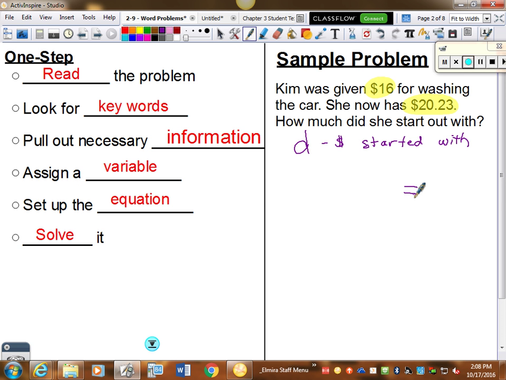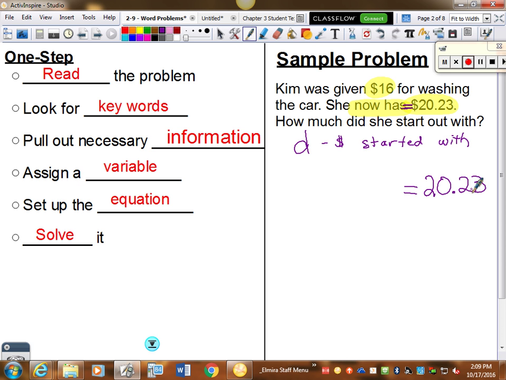So the next easy information and keywords that I could be looking for is to find the number that I could put after the equal sign. Those are numbers that are like the result or what they have now or something like that. So in this question, she now has $20.23. That's like a result. A result would go after the equal sign. So right up here in the problem, I'm drawing an equal sign, and I'm going to put 20.23 after the equal sign in my equation.